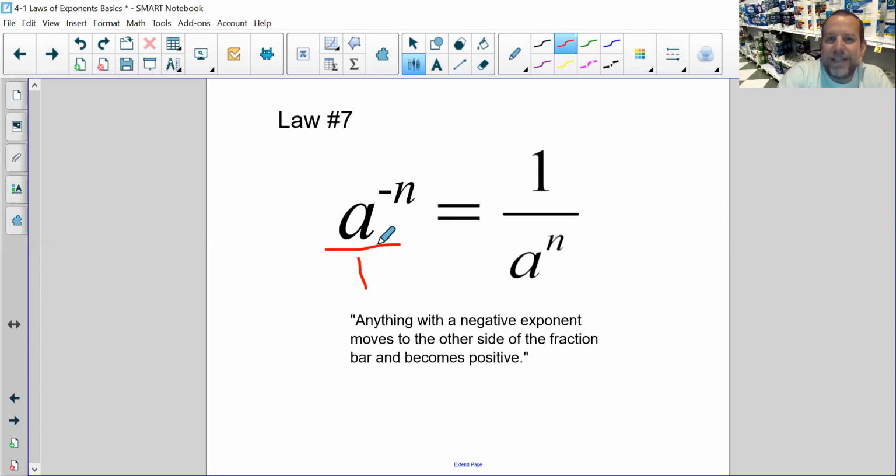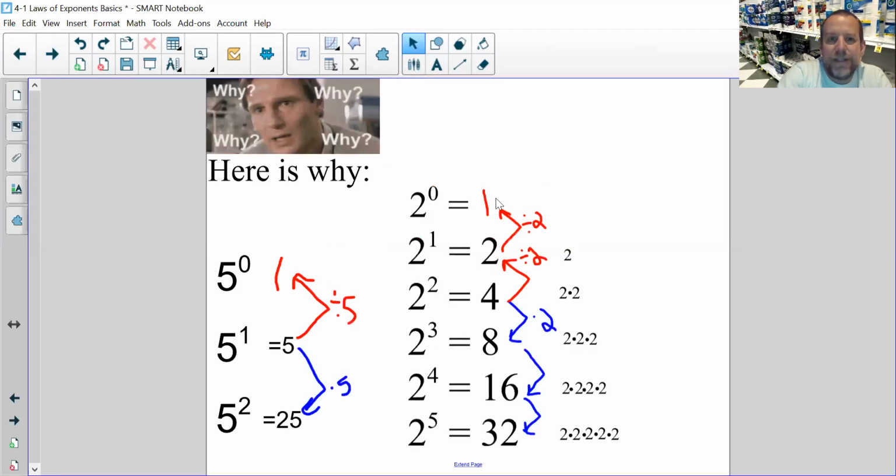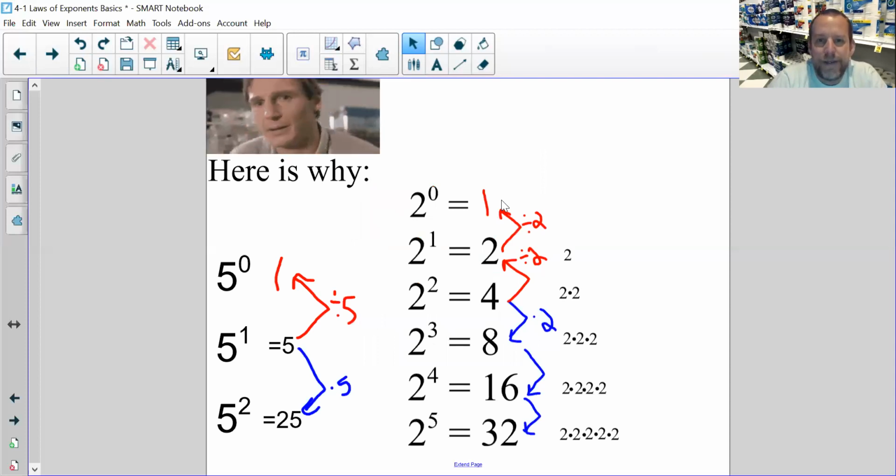It's that this a to the n had to move to the denominator. Notice how the sign of the exponent became positive. And since there wasn't anything left on the top, we just have to hold that spot with a 1.